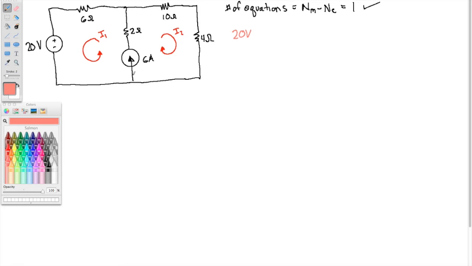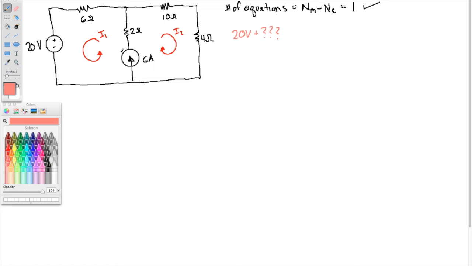Now, I need to traverse this thing, the current source. Okay, but what's the voltage across a current source? What's the drop here? Well, for voltage sources, it's obvious, 20 volts in this case. For resistors, I can use Ohm's law.